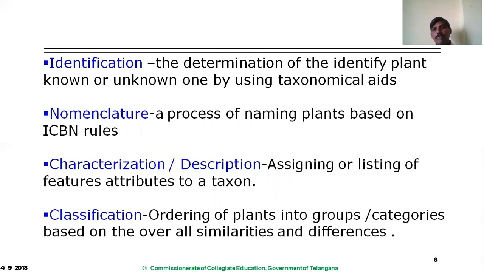By identification only, you determine whether it is an old one or a new one. That process is called identification.